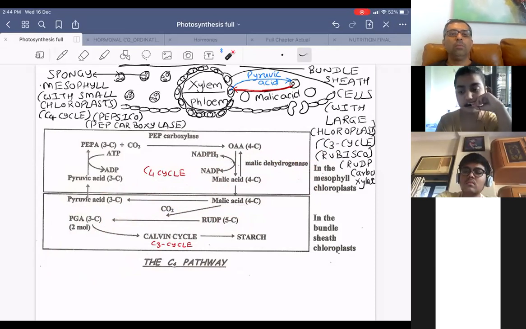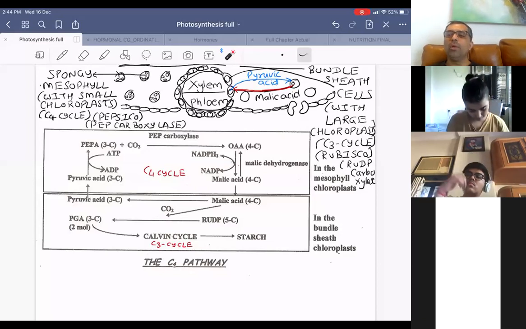Okay, okay, sir. Sir, one more thing. Actually, I don't have a doubt, but in the notes I was not able to find the diagram of the CAM pathway. So, can you just send it? I have already sent it, beta. In the PDF file, it's there. Just go through the PDF file again.